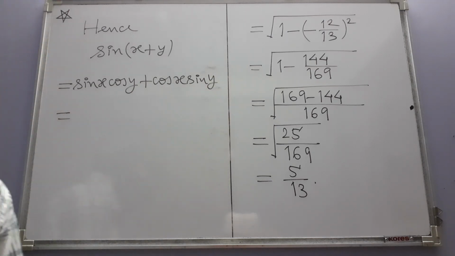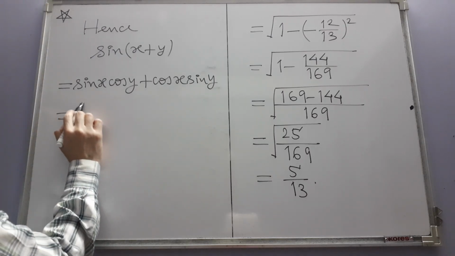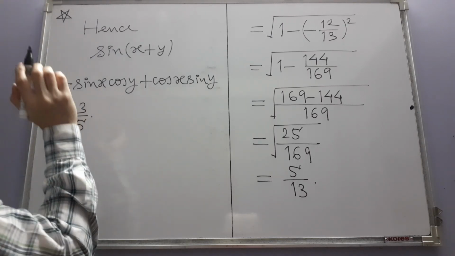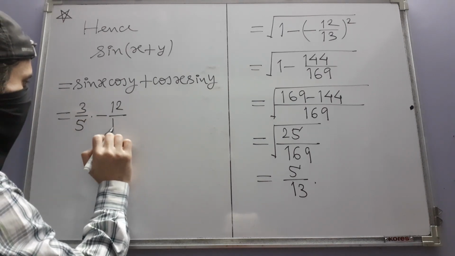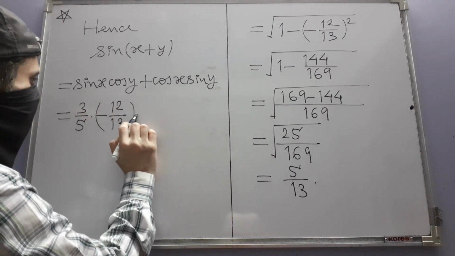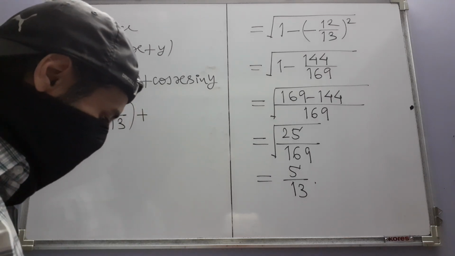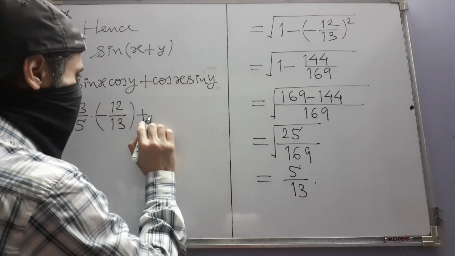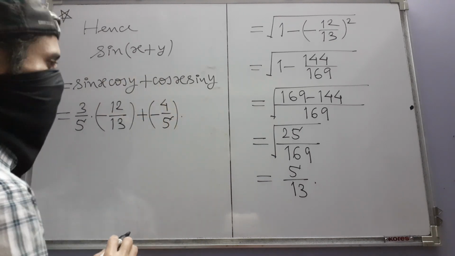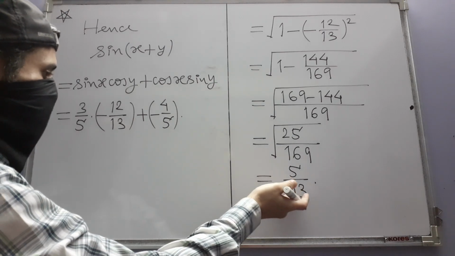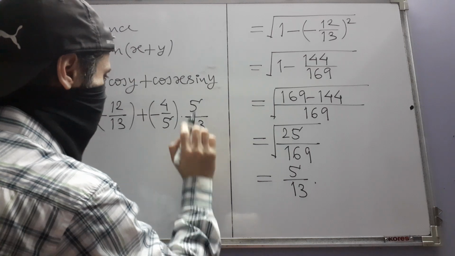Now sin x and cos y are the given values, and sin x is 3 divided by 5 and cos y is this, minus 12 divided by 13, and cos x and sin y are the values we have found. What was cos x? Minus 4 divided by 5, and sin y is this one, 5 divided by 13.